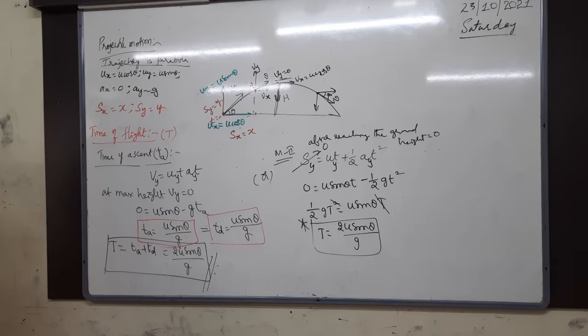TD is equal to time taken to reach the ground from maximum height. Copy everything.